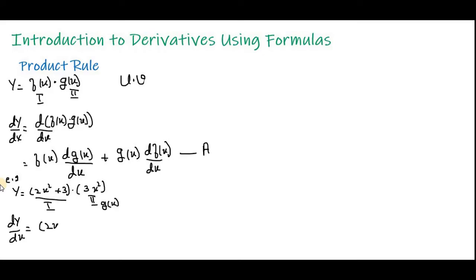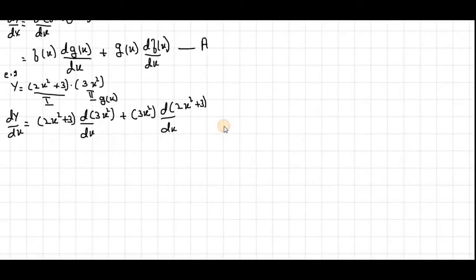So dy by dx is equal to 2x square plus 3 d by dx 3x square plus 3x square as it is, and the derivative of first function, that is 2x square plus 3.